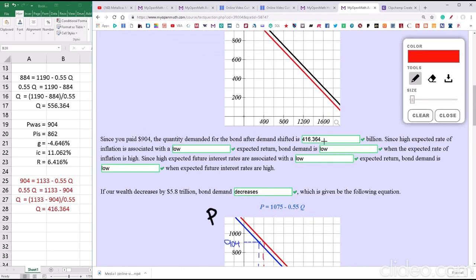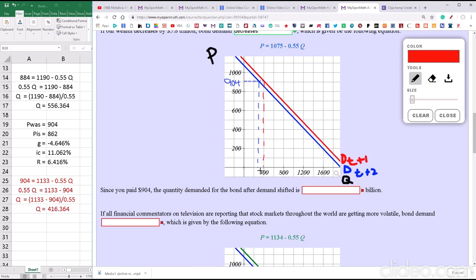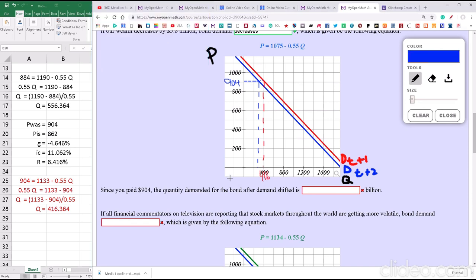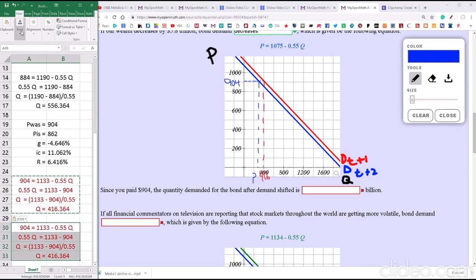So it was 416 roughly. We want to know what it is now, right? So what I'm going to do is, this is kind of cool. I'm just going to copy these equations over here. I'll change them to blue. And the only thing that changed was the intercept at 1075.